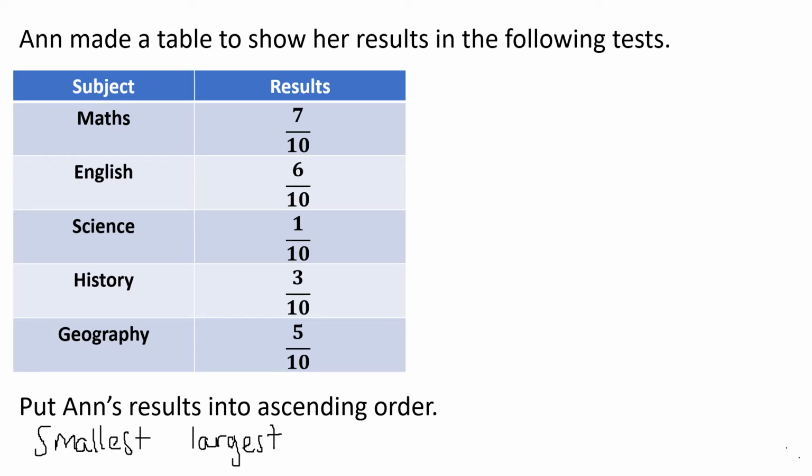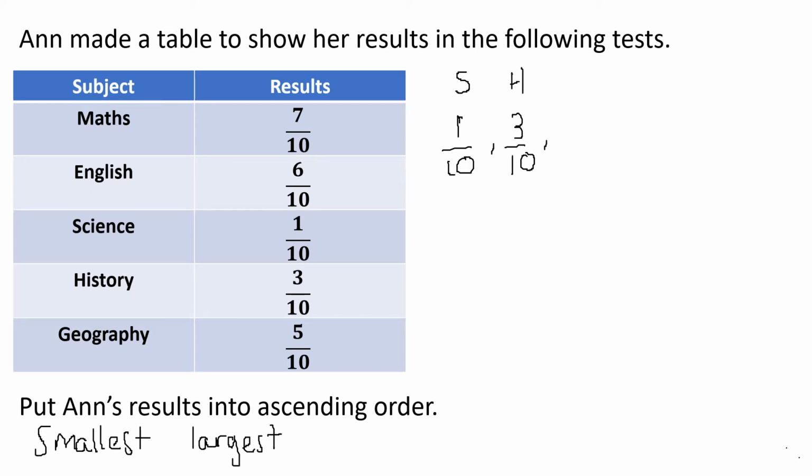So looking at our 5 fractions, 1/10 is the smallest, so we can write 1/10 here. I'm just going to put S above so we know what subject that result was in. Our next one, not including 1/10, our next smallest would be 3/10, which was history.